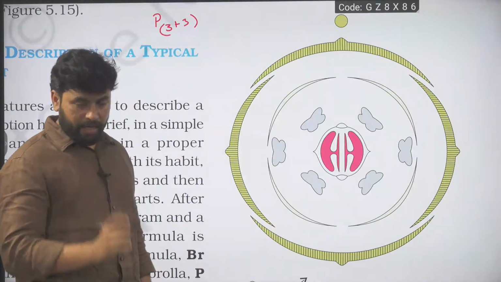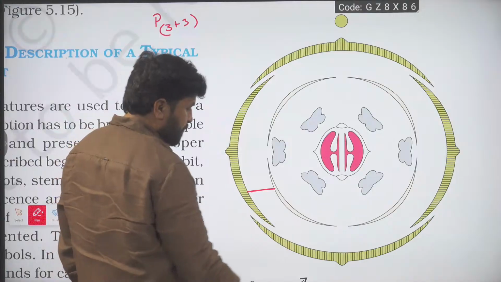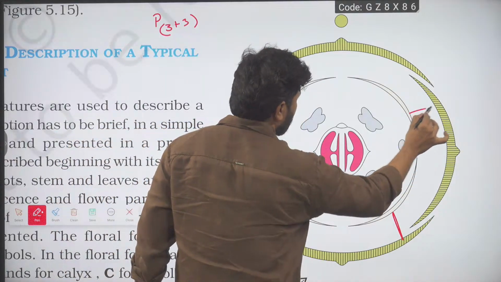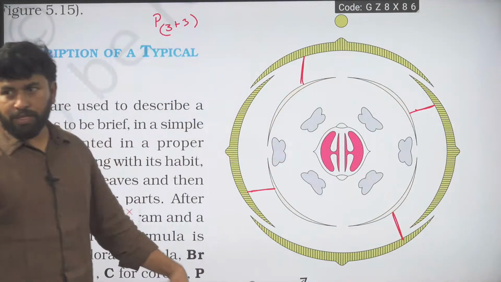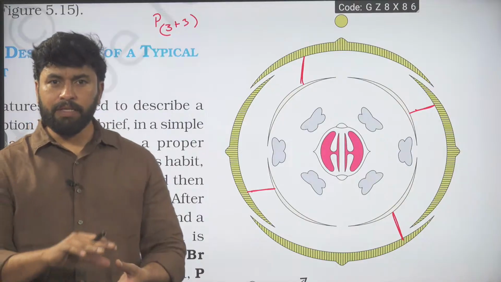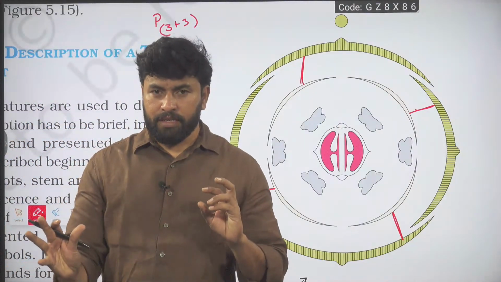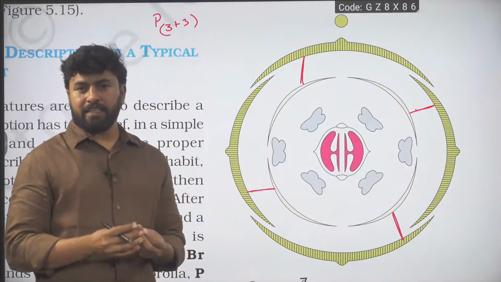We have to write like this: between sepal and petal, there should be a representation of one line like this. You see, both are connected. This connection indicates sepals and petals are not free, both are attached. Getting the statement?